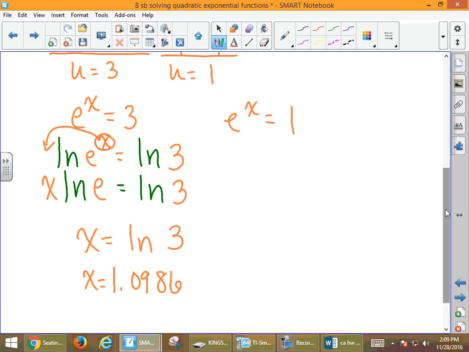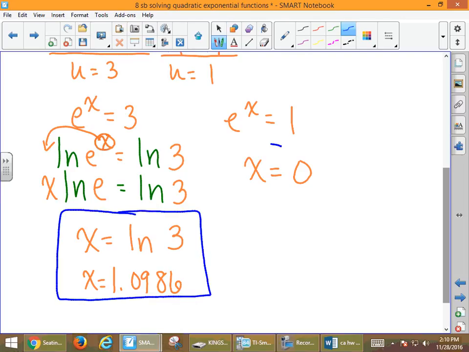But luckily over here to the right, e to the x equals 1, e to what power equals 1? Any number to 0 power equals 1. So our two answers, once again, are here and here.